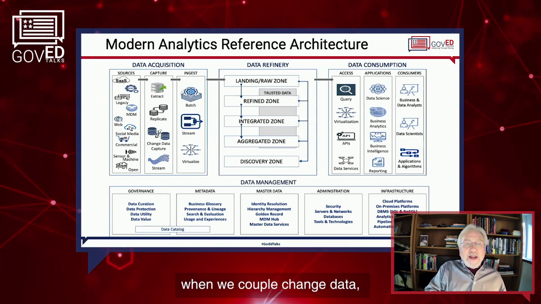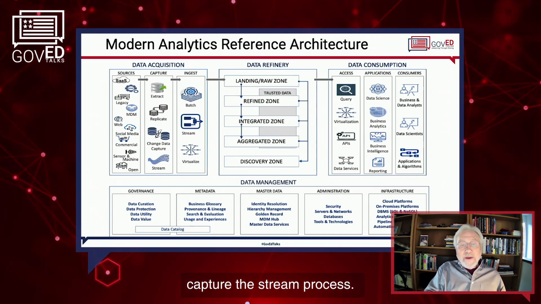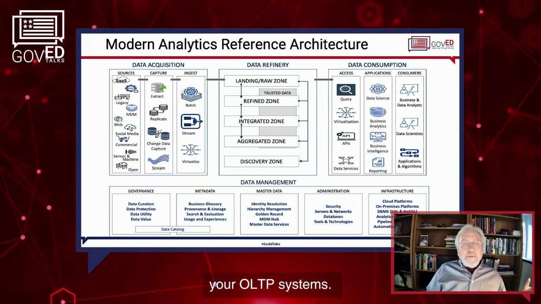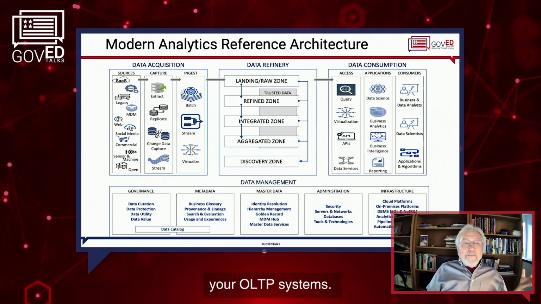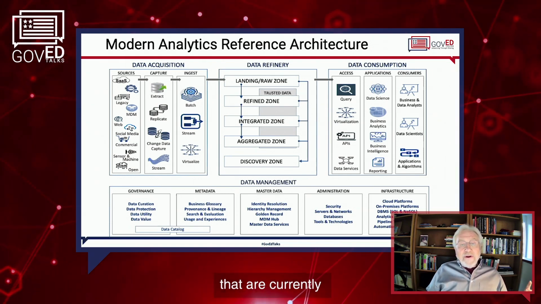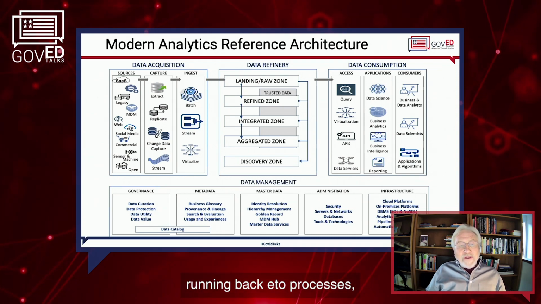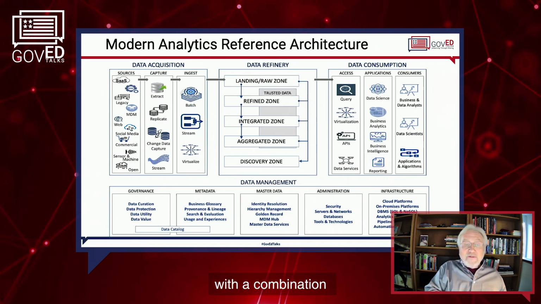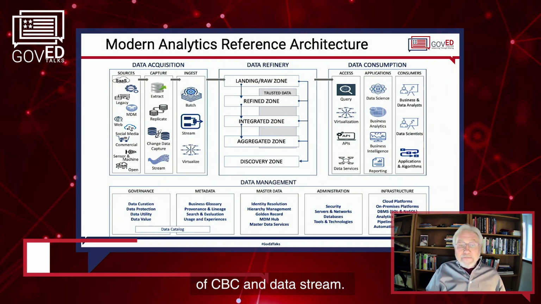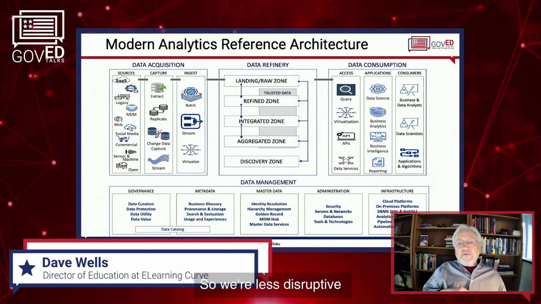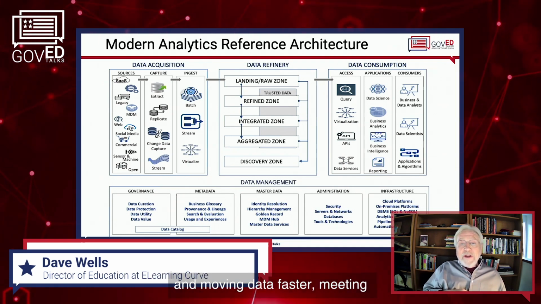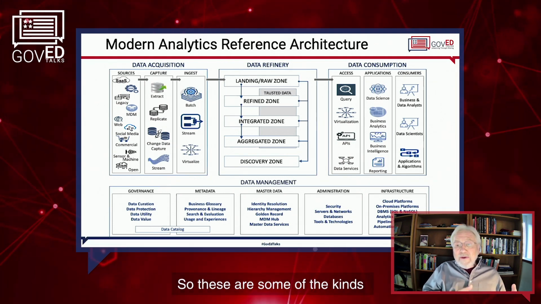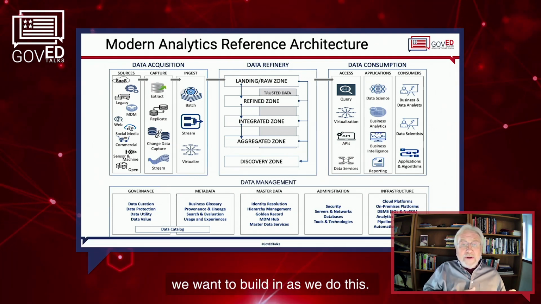When we couple change data capture with stream processing, we can take your legacy systems, your OLTP systems, many of your systems that are currently running batch ETL processes, and we can move them to real-time or near real-time with a combination of CDC and data streaming. So we're less disruptive to the source system and moving data faster, meeting today's demands for fast data. So these are some of the kinds of architectural concepts we want to build in as we do this.